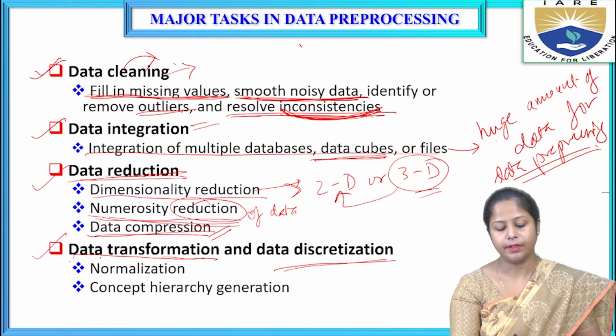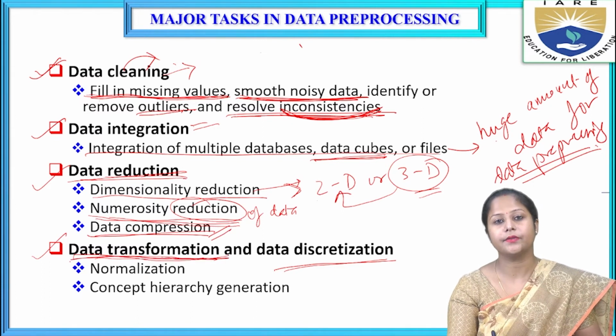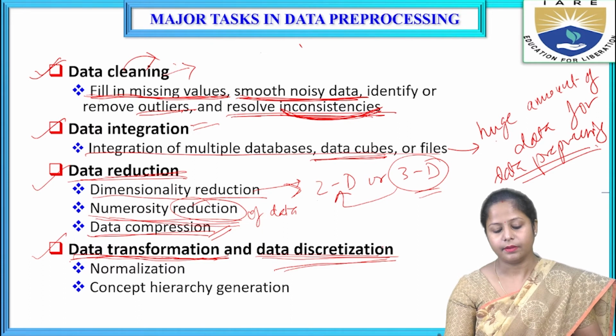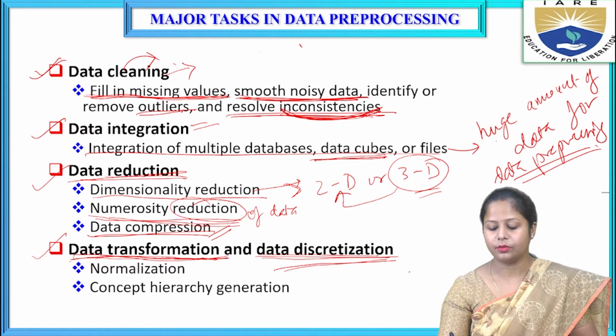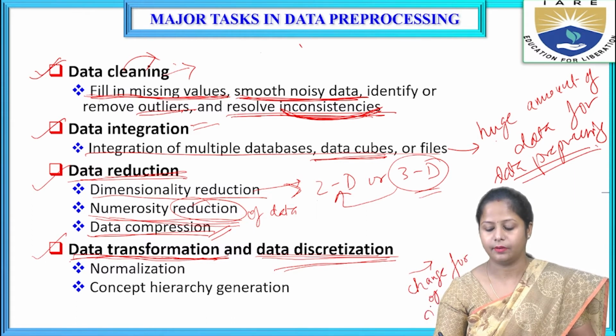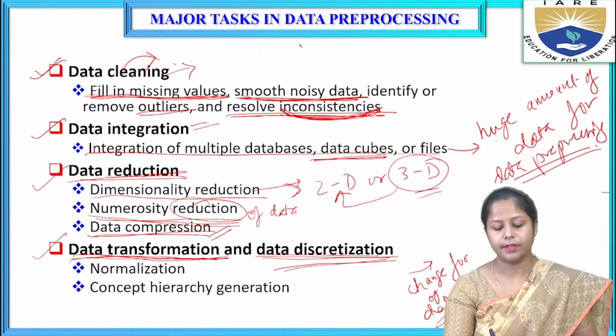Then we have the methods data transformation and data discretization. In this, we need to transform one type of data into another type of data. We change the form of data. That comes under data transformation.